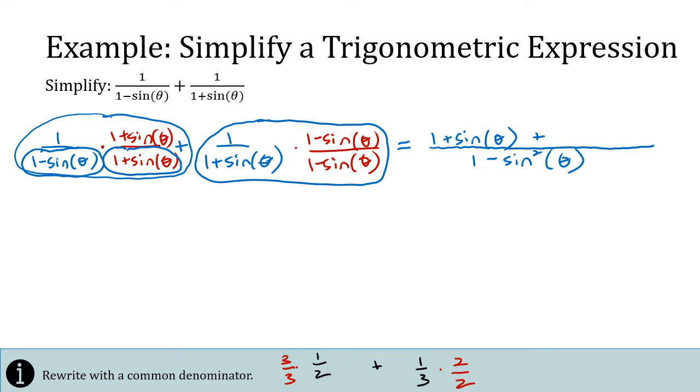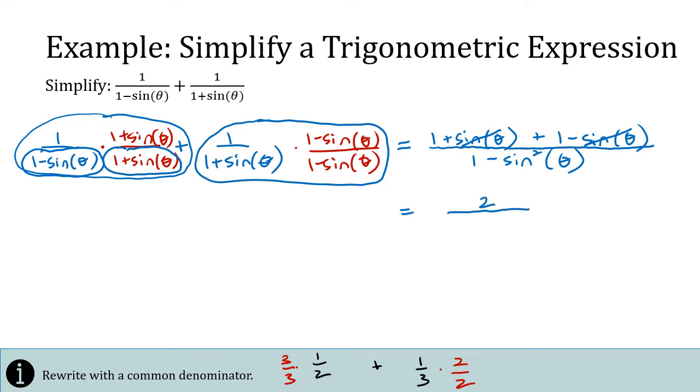That's simply going to be 1 minus the sine of theta. All right, now what should I do? See anything that I can simplify? I like that up in the numerator, it looks like the sine of theta and the minus sine of theta will cancel out. That's nice.